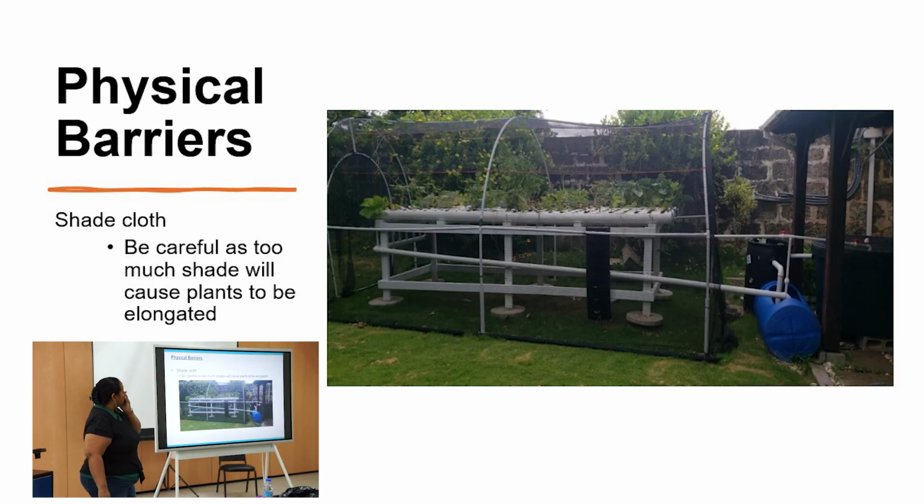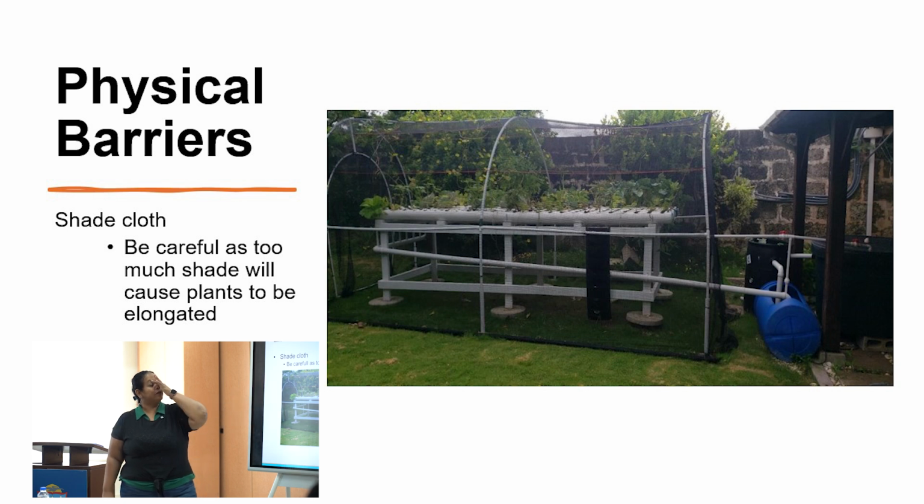Physical barriers. So creative ways to house your system. This is the same system you guys are getting, but without the aquaponics added on. So yet again, you can make your own little hoop house.